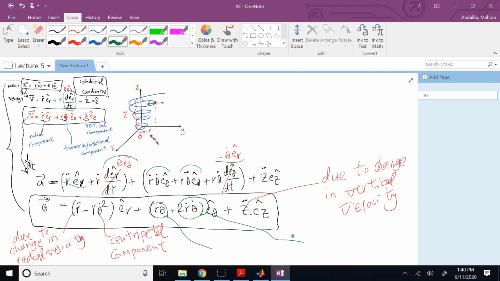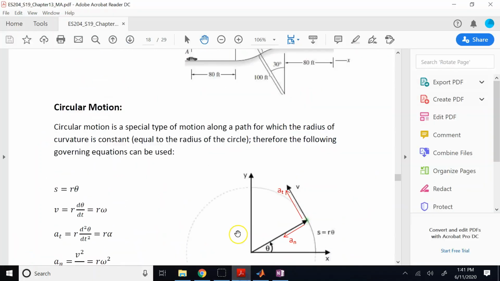R theta double dot. Again, this is assuming that you are rotating on a fixed circle with a fixed radius, no up or down, but your omega, your angular velocity, does have time variations. When does omega change? When you have alpha, right? Angular acceleration. So this term r theta double dot, you know theta double dot is alpha. This is r times alpha, and that's what you had here.